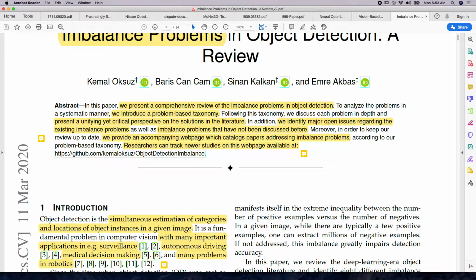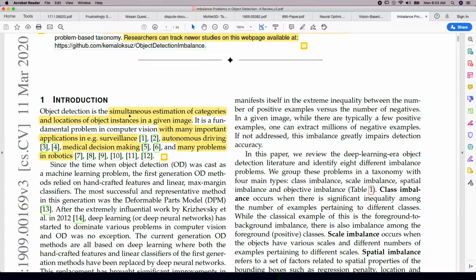And they provide a web page which catalogs papers addressing the imbalance problem, and you can check that on this link. Okay, so we know that object detection is basically two tasks: image classification followed by bounding box regression. So you need to first of all estimate what category and also the location of that object.